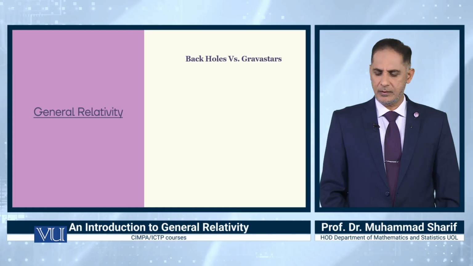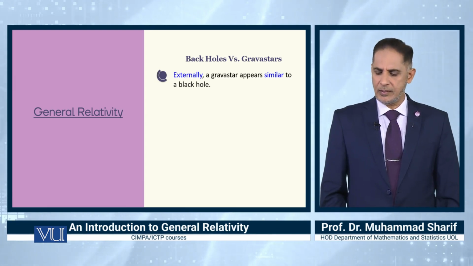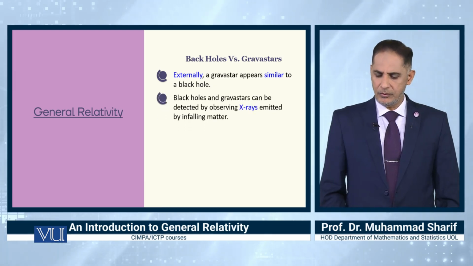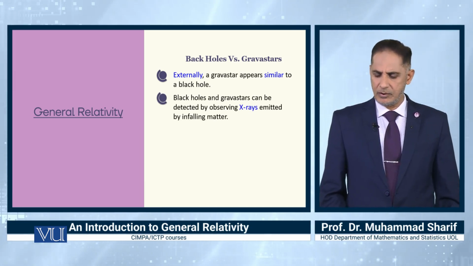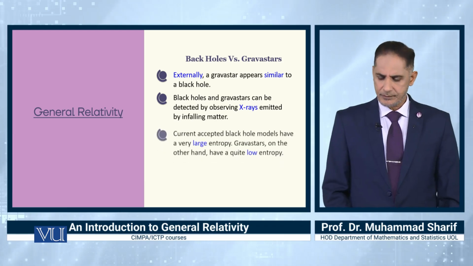Now, let's make a comparison between a black hole and a gravastar. Externally, a gravastar appears similar to a black hole. There doesn't seem any difference. However, black holes and gravastars can be detected by observing X-rays emitted by falling matter. So it is also similar.